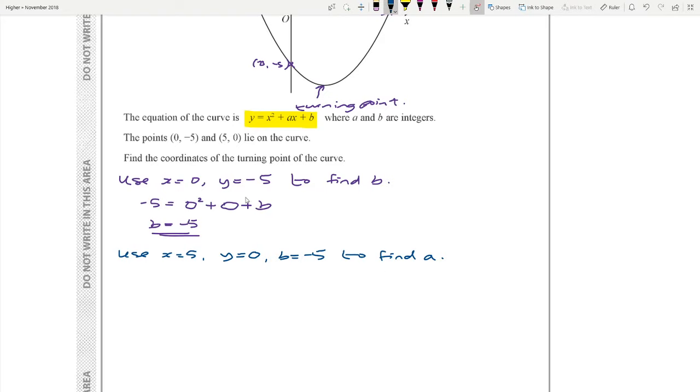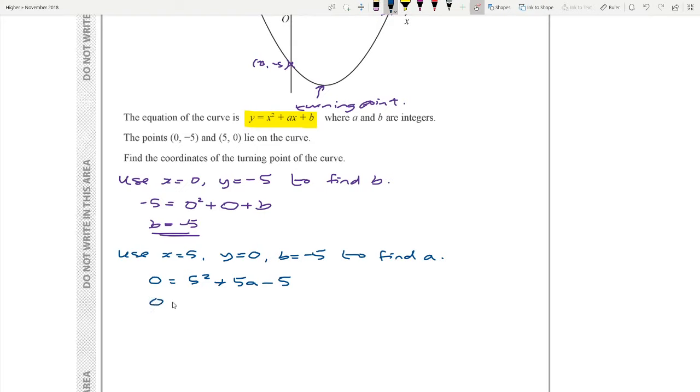So y is 0, so let's substitute that. We get y is 0 equals ax. Okay, we don't know what a is, but we do know that x is 5. So it's going to be x squared, so 5 squared. Add ax is going to be 5a. Plus b, well b is minus 5, so that becomes minus 5.